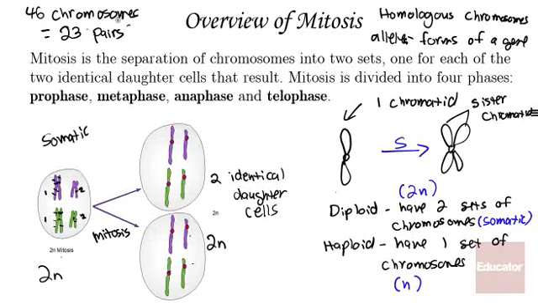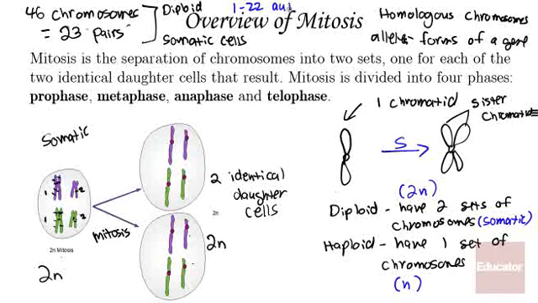So somatic cells are diploid. They contain 23 pairs of chromosomes. One thing to note is that 22 of the chromosomes are just numbered, 1 through 22. And these are called autosomes.